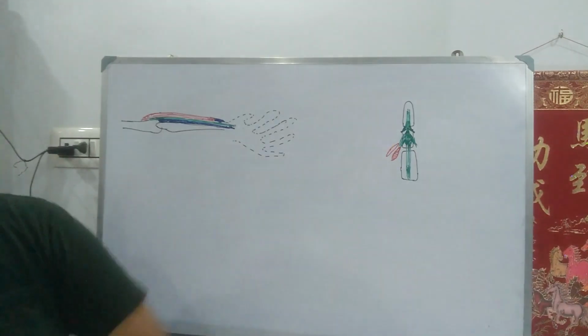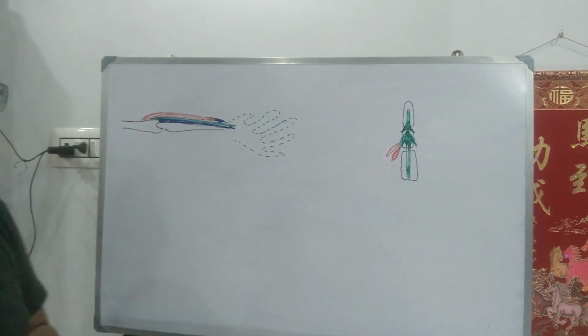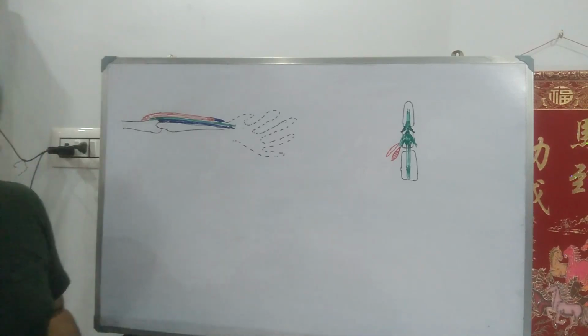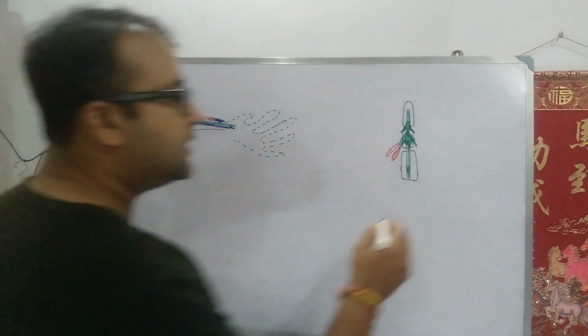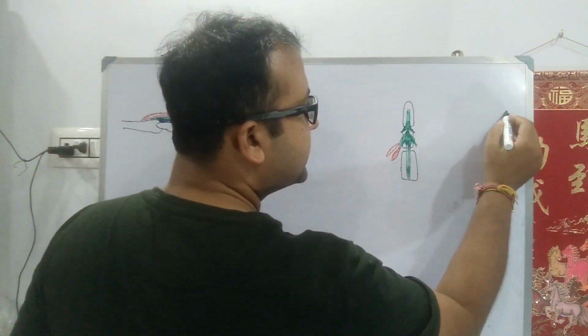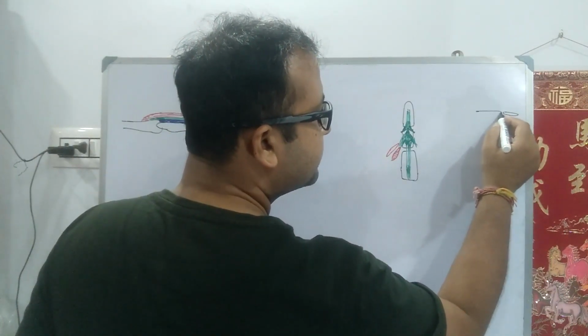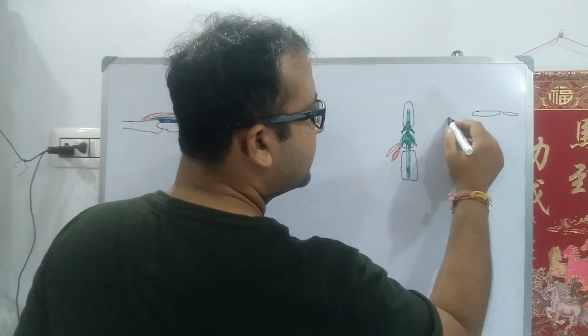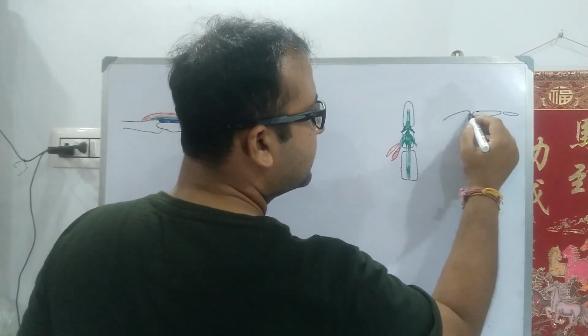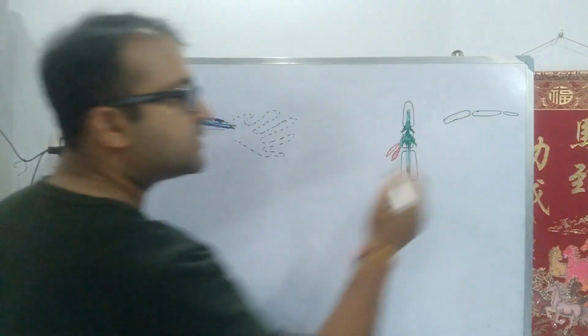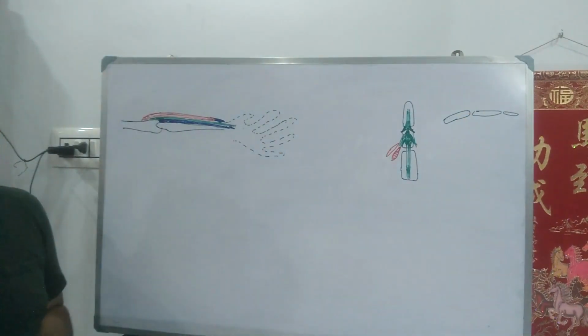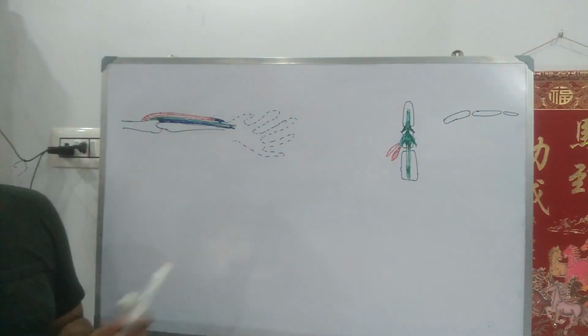Understanding? For example, if we see it from the side view, suppose these are the three bones present over here, like I have drawn three bones.